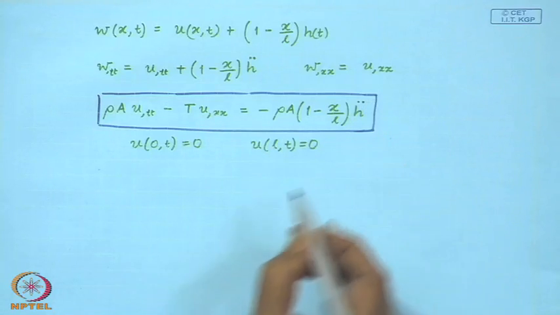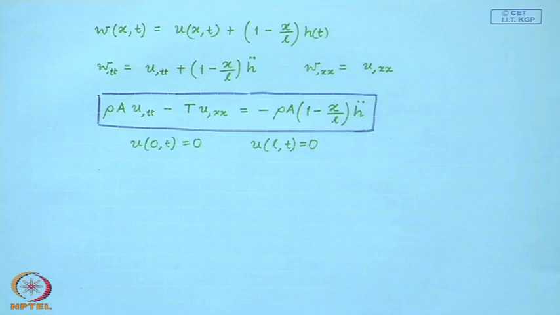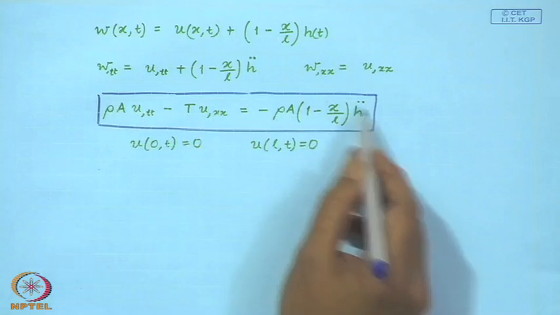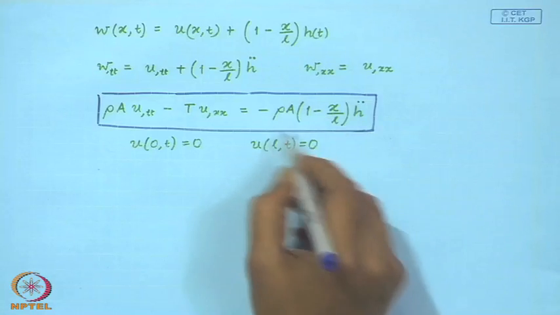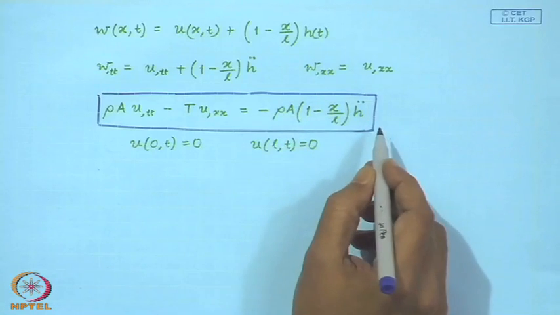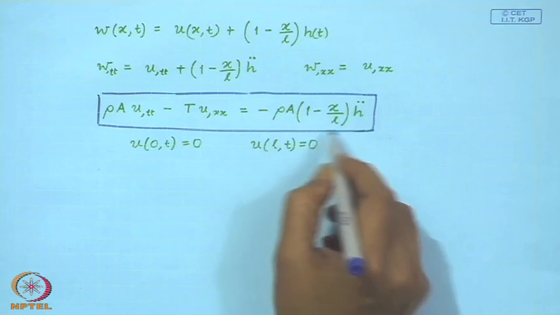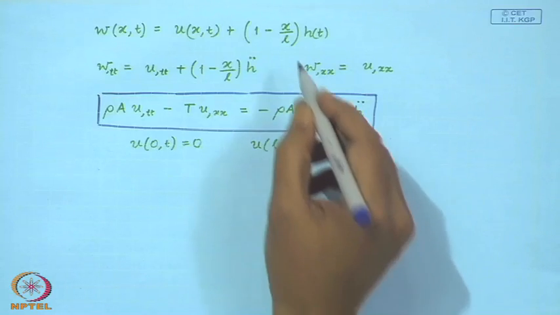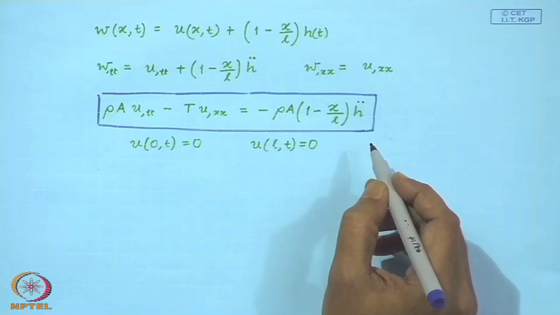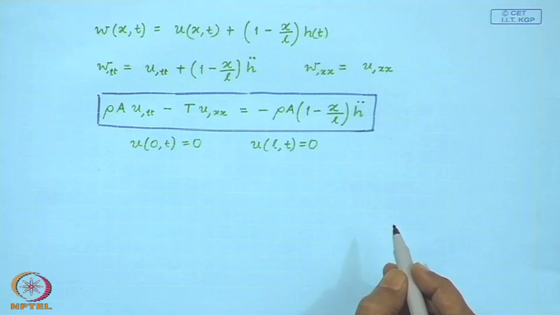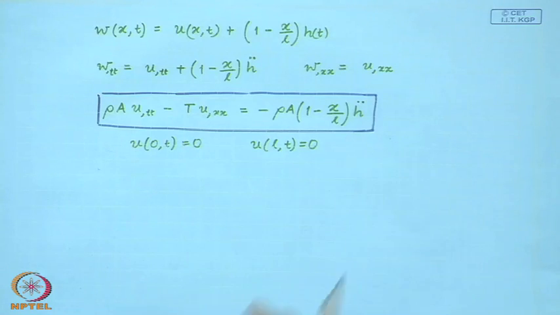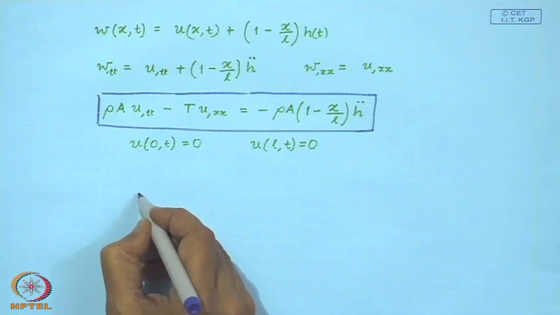So, we have a system with homogeneous boundary conditions, but now our equation of motion has become non-homogeneous. If you look carefully, this term is a result of this transformation, and what this transformation does is actually to take us to a non-inertial frame.